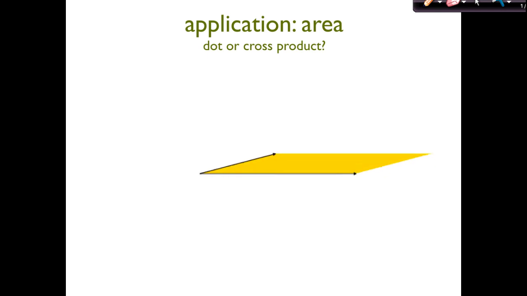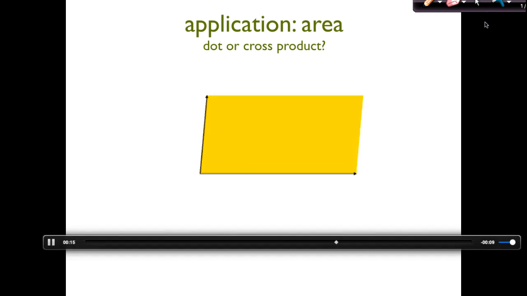So the area of that parallelogram, would that be a matter of dot product or cross product? Remember, dot product is when you get a maximum situation when they're in the same direction. Cross product, maximum situation when they're orthogonal. So area is a matter of cross product.